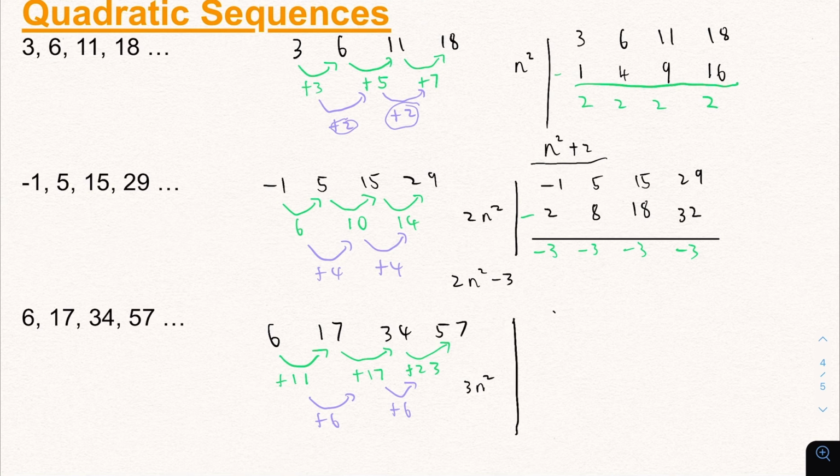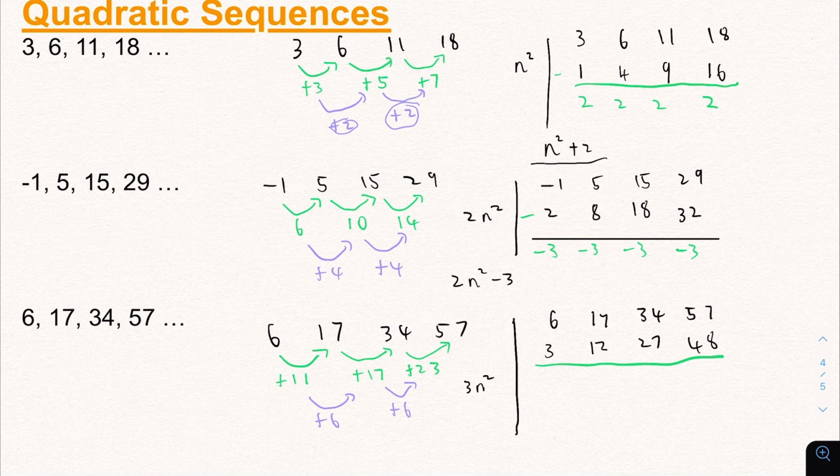Yeah, so you write your original 6, 17, 34, 57, and you write your sequence for 3n squared, which would be 3 times 1 squared would be 3, 3 times 2 squared, which is 3 times 4 is 12, 3 times 3 squared would be 27, and 3 times 4 squared would be 48.